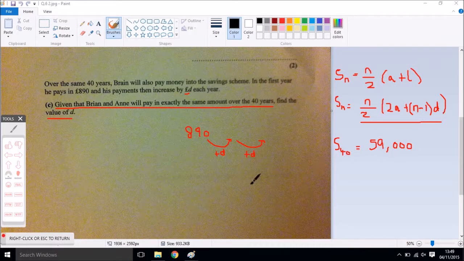So using that second version, n over 2 times 2a plus n minus 1 d is equal to 59,000. Remember, that is when n is equal to 40 because it's the first 40 terms.